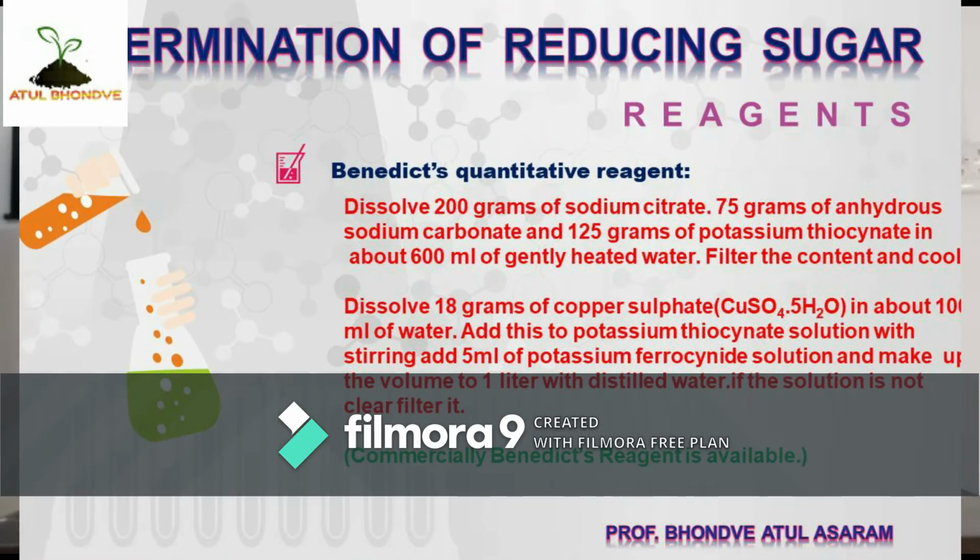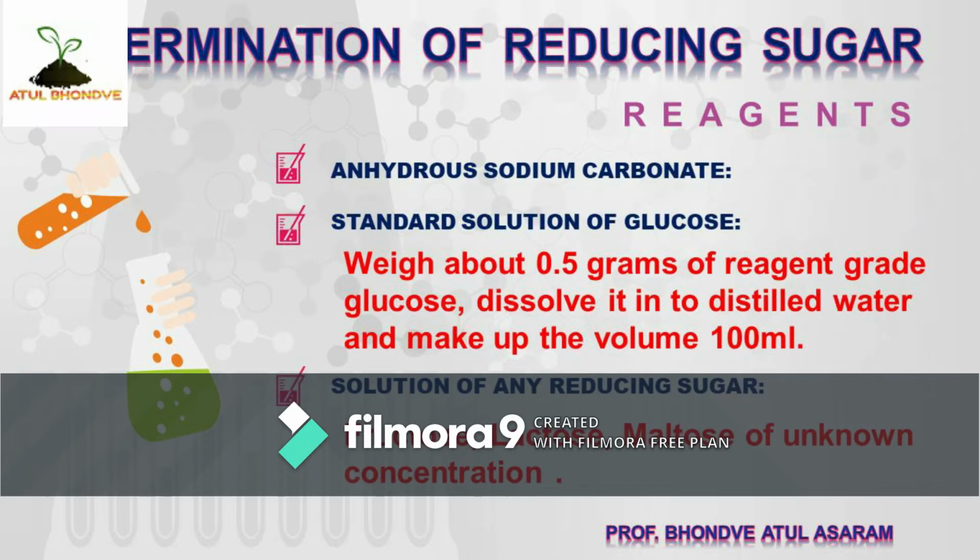The reagents required for this practical. First, Benedict's reagent. How to prepare the Benedict's reagent is indicated in front of you. Second, standard solution of glucose. How to prepare the standard solution of glucose is also presented in front of you.